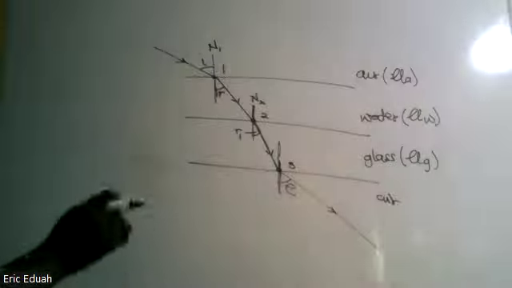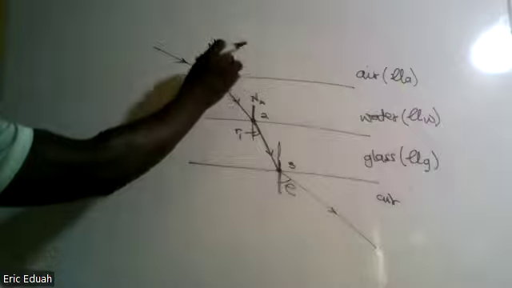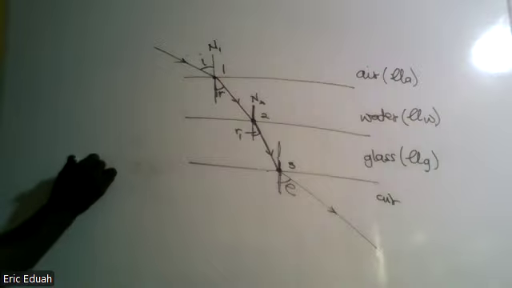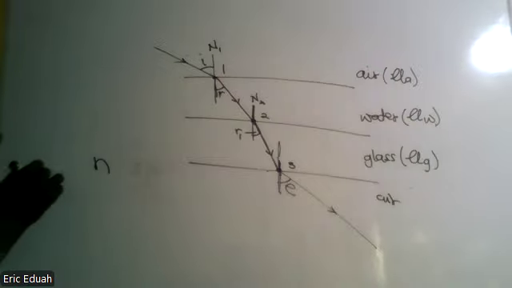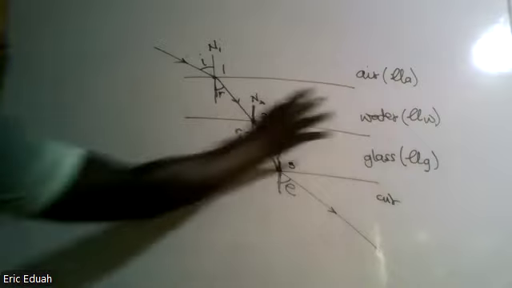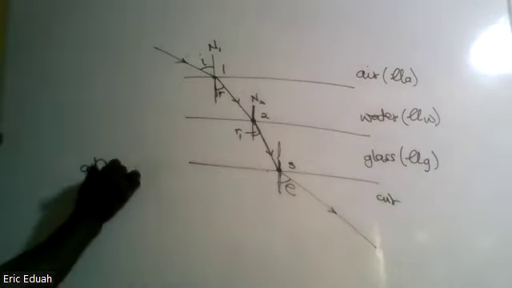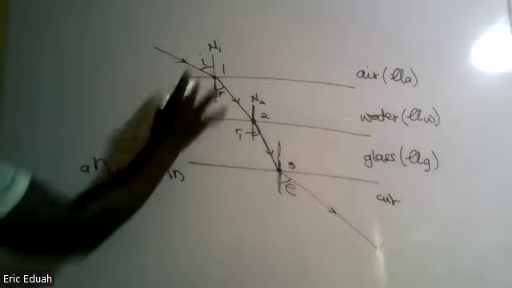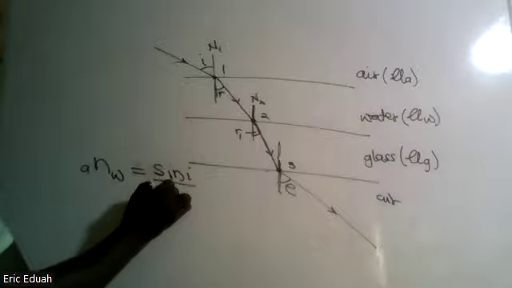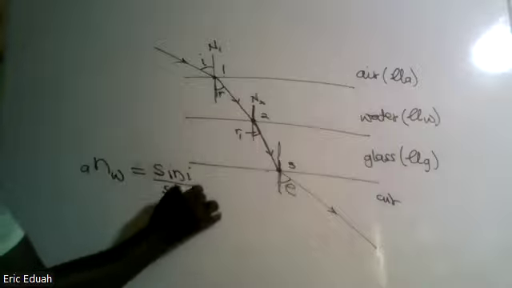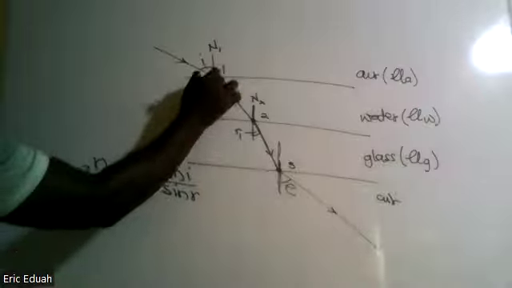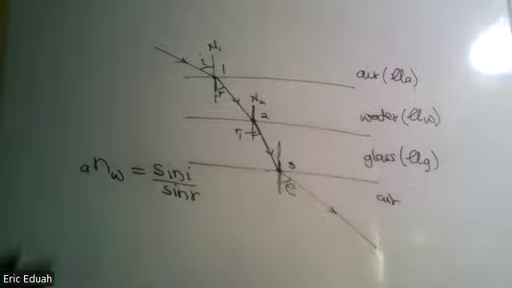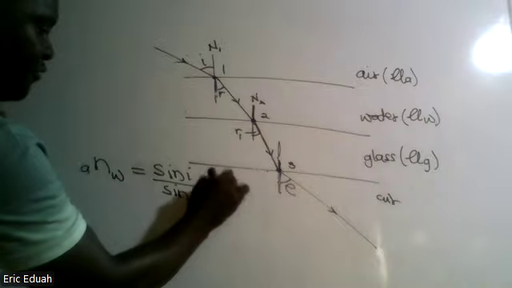If we apply or derive Snell's law, the refractive index as light moves from air to water will be equal to sine of I over sine of the angle of refraction R. This angle of refraction is represented as R. This is for boundary 1.